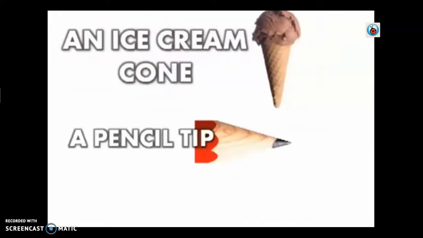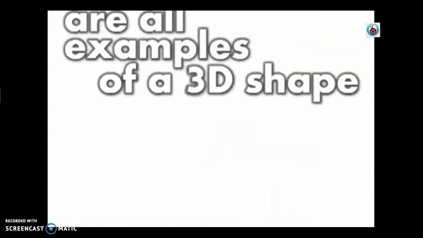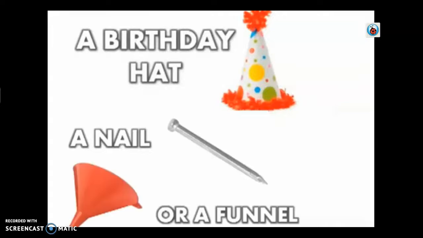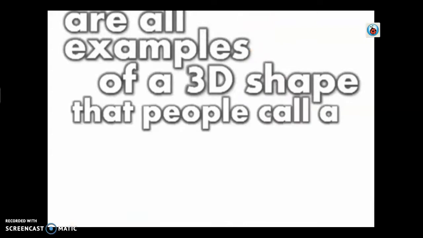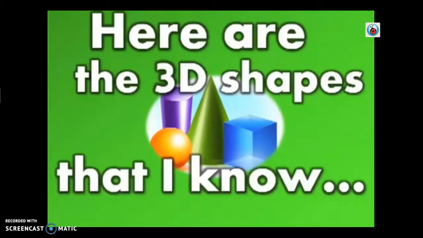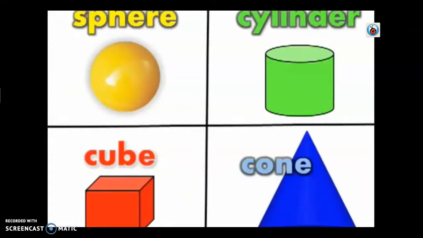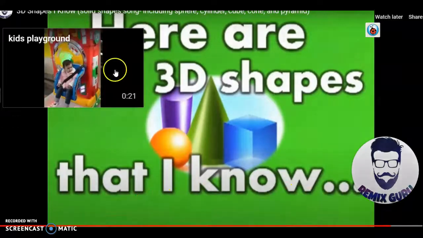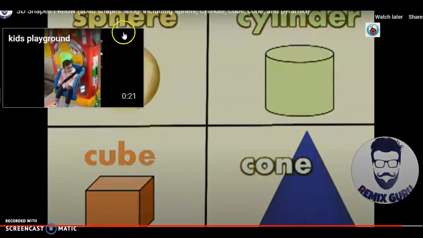An ice cream cone, a pencil tip, and a megaphone are all examples of a cone. A birthday hat, a nail, or a funnel in my home are all examples of a cone.